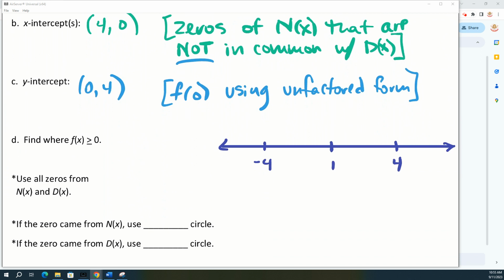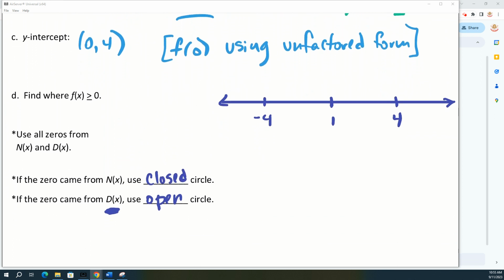So if the 0 came out of the denominator, you're going to need to use an open circle because the x cannot equal that value because it's undefined. And then if it came out of the numerator, it's going to be closed. So -4 was from the denominator, 1 was from the denominator, and 4 was from the numerator.